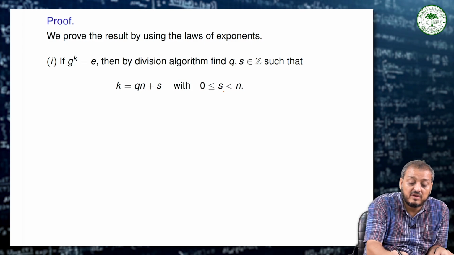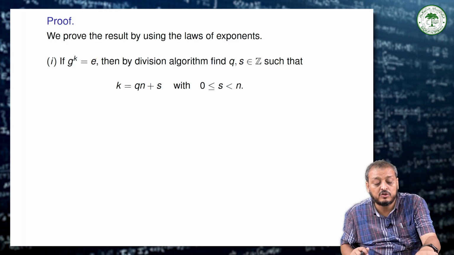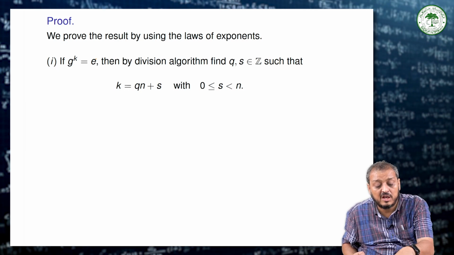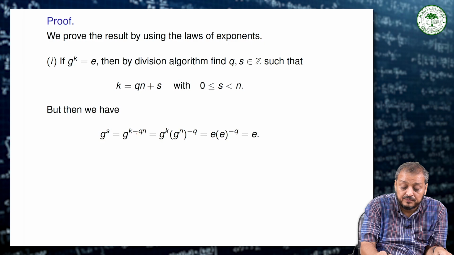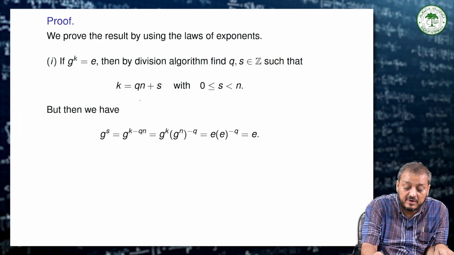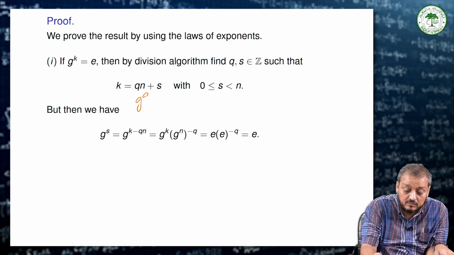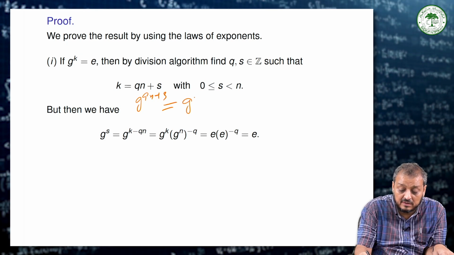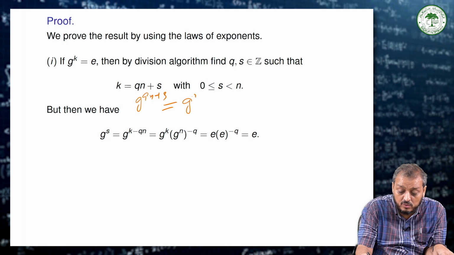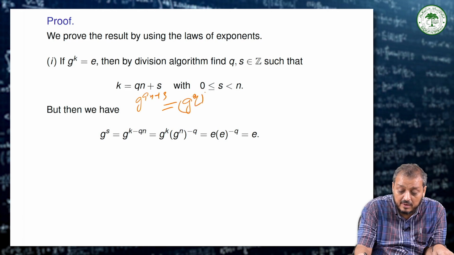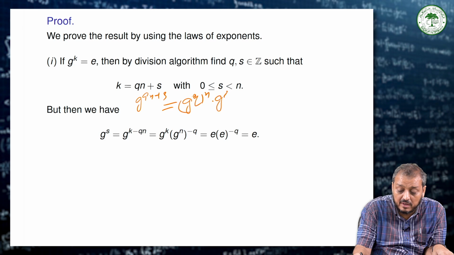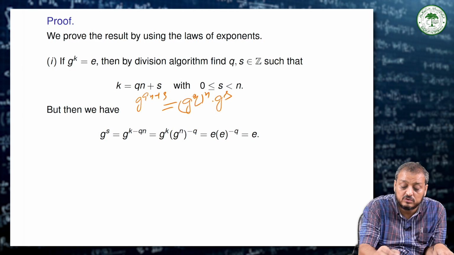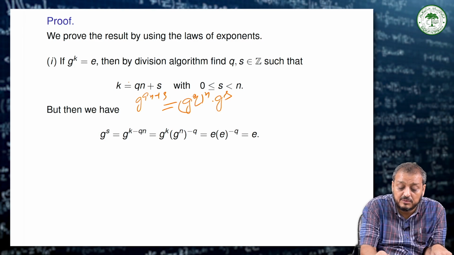So g to the power k can be written as g to the power qn plus s, and this can be written as g to the power qn into g to the power s, and this is all g to the power k.